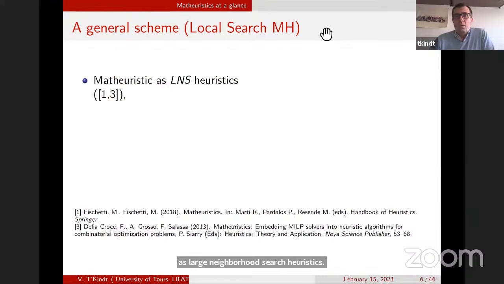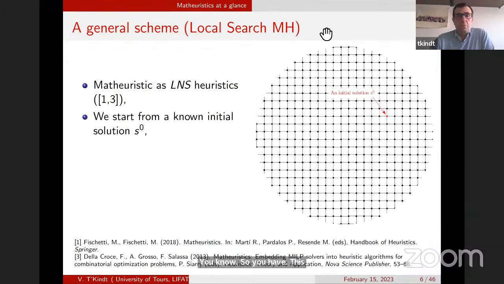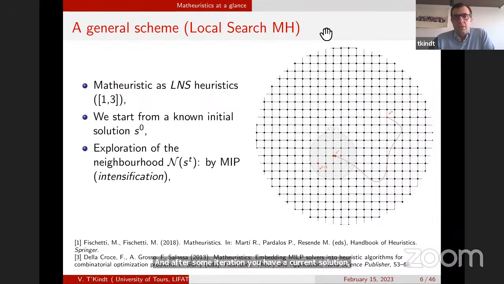So you have the search space, you start with an initial solution, S0, and after some iterations, you have a current solution, denoted by ST at iteration T, and then you need to define the neighborhood of the solution ST, and this neighborhood is denoted by N of ST. The idea is to have a large neighborhood that you explore just by solving a mixed integer formulation. And in this neighborhood, you want to compute the best solution that you call ST plus 1.